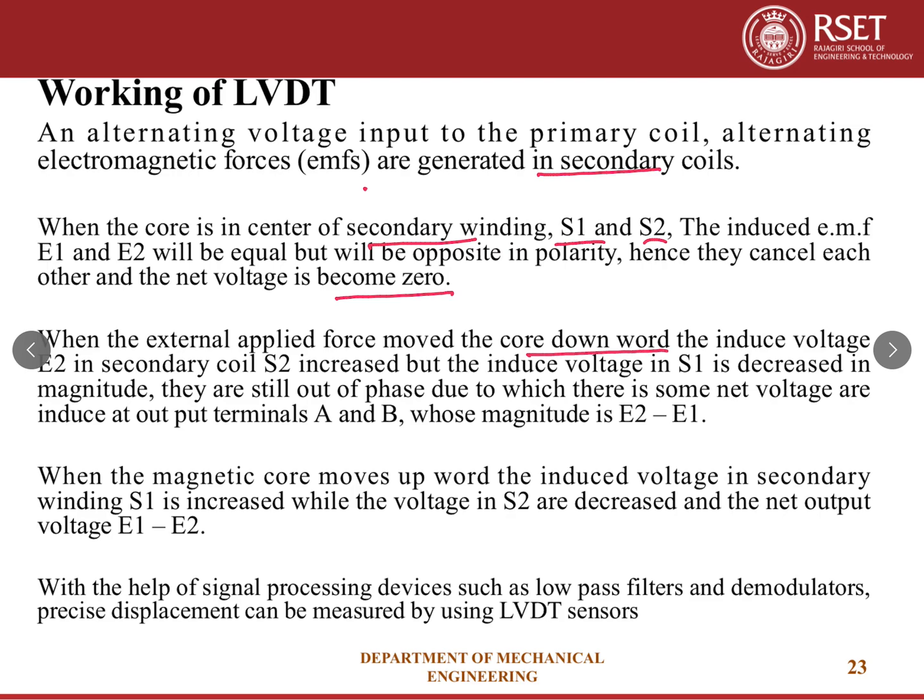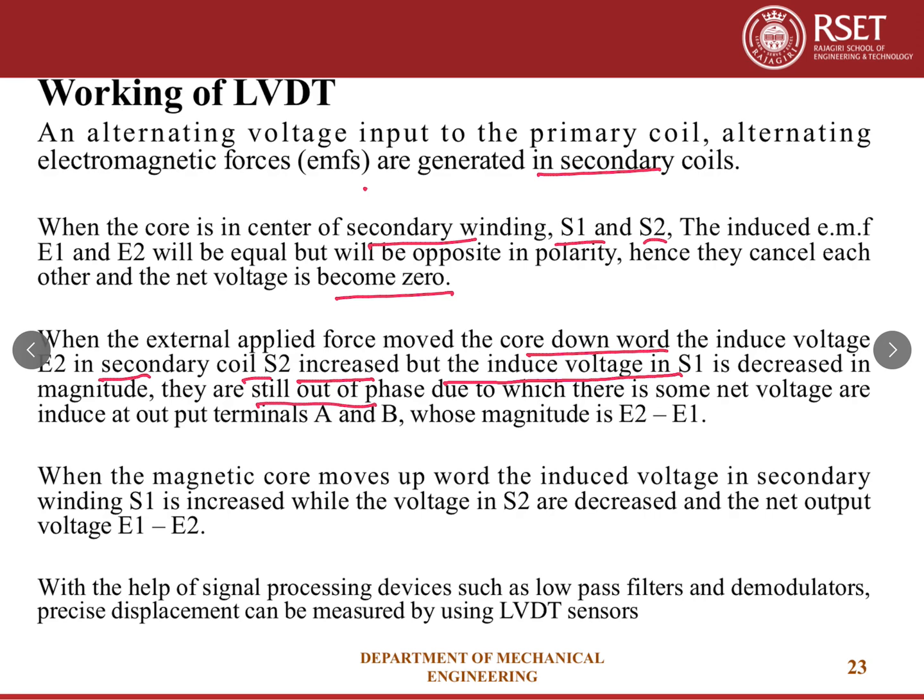When an external applied force moves the core downward, the induced voltage E2 in the secondary coil S2 increases, but the induced voltage in S1 is decreased in magnitude.